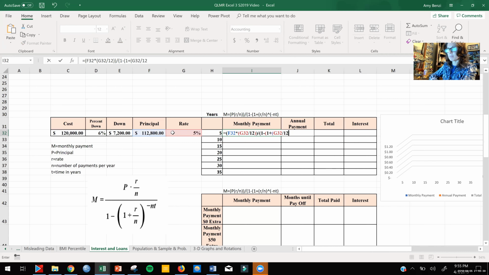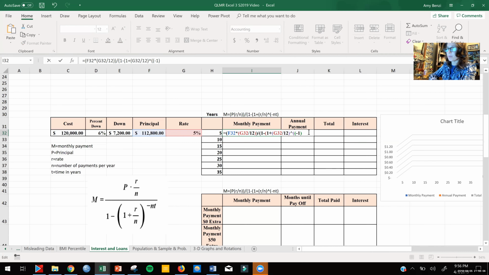12 payments per year. And then I am going to raise that. Notice it's 1 plus that fraction, all getting raised to the power of, sometimes Excel will just accept a negative sign, sometimes it won't, but it always accepts a -1. So I'm just going to go ahead and put times -1.